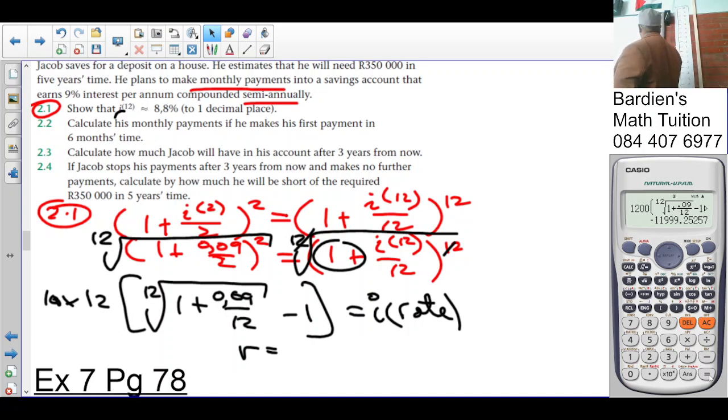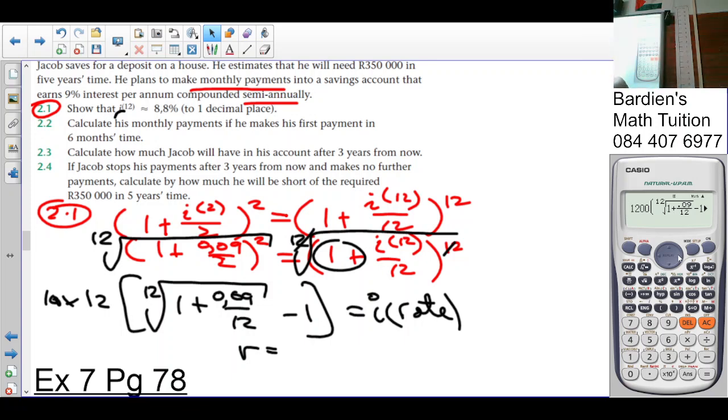Whoops, that's wrong. Oh, in the brackets, how did I miss that?